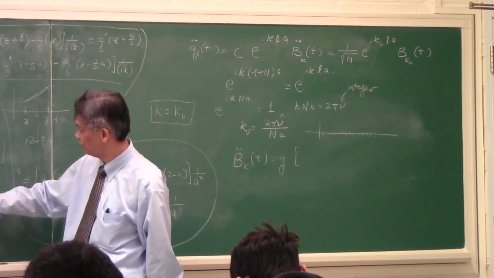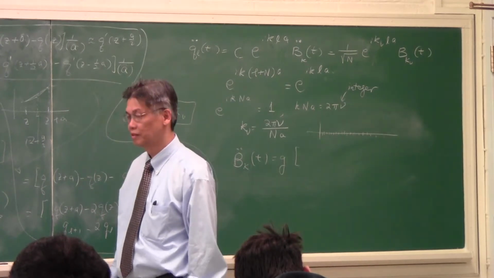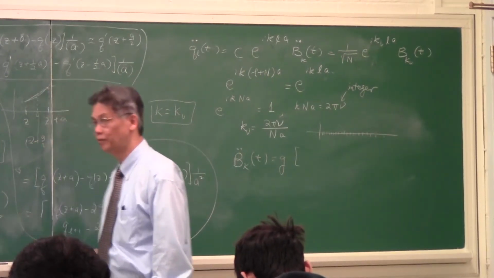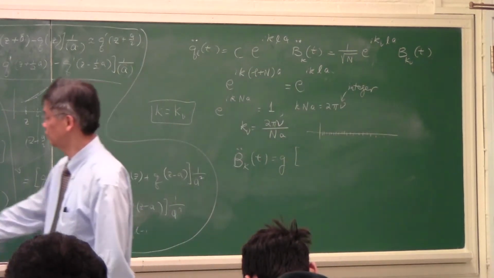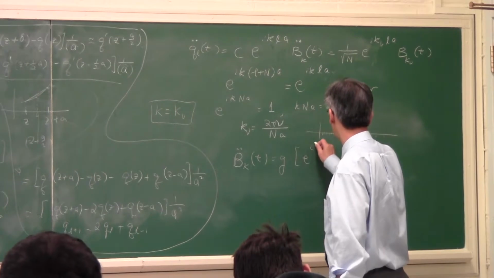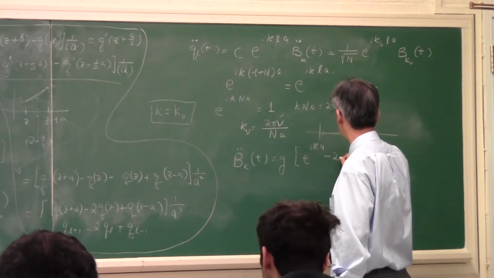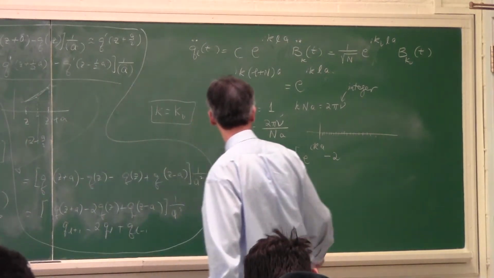Okay, you can see that if l increases by 1, you just introduce a phase factor, which is this. If l decreases by 1, you just introduce a negative phase factor. So the first term will give me a positive phase factor in this manner. The second term would not introduce any phase factor. The third term will give me a negative phase factor.